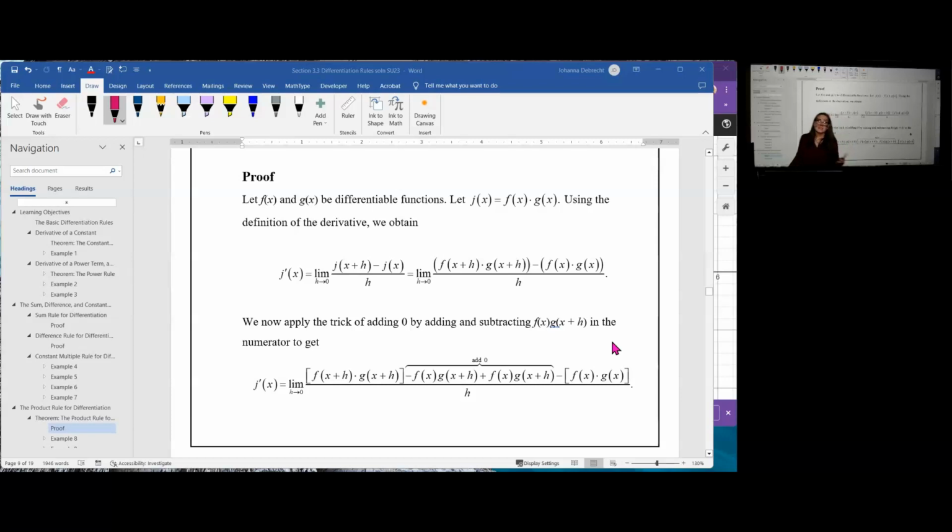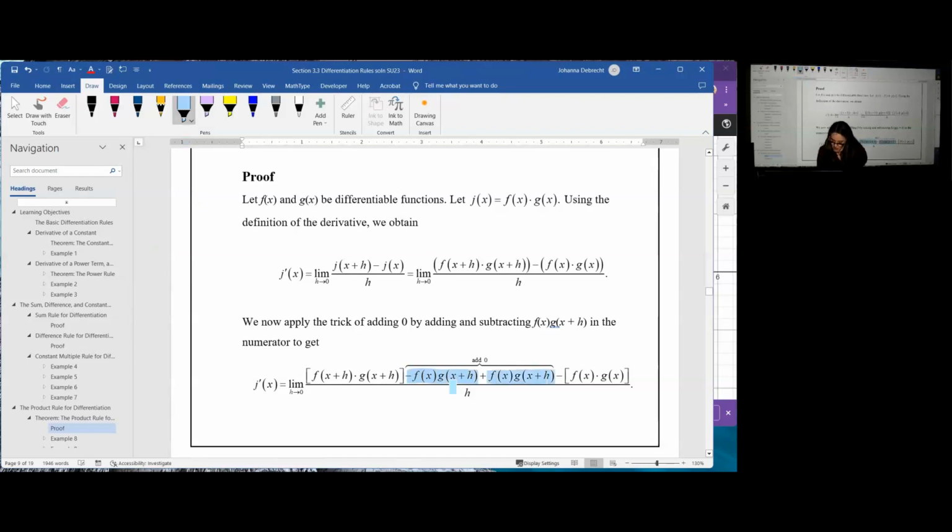Now keep in mind that this didn't happen overnight. It took someone forever to figure this out. They played with it and played with it and played with it and finally found it. We're going to add and subtract this term in the center. This term here is the same.